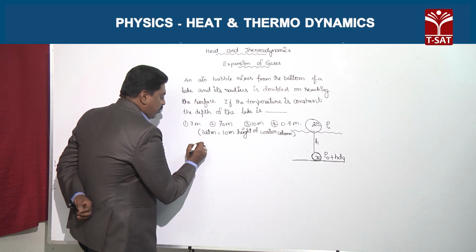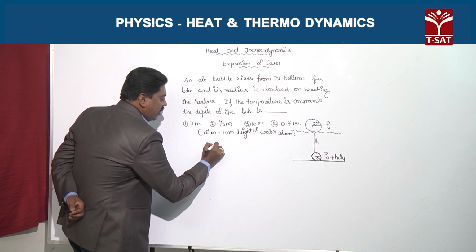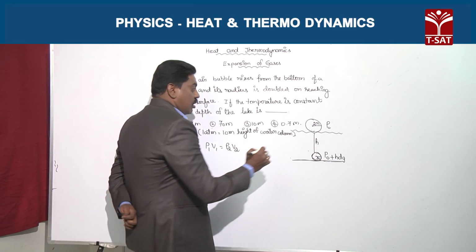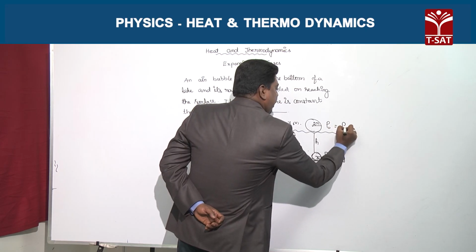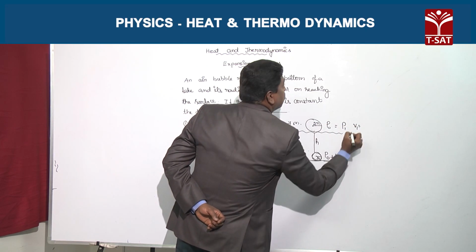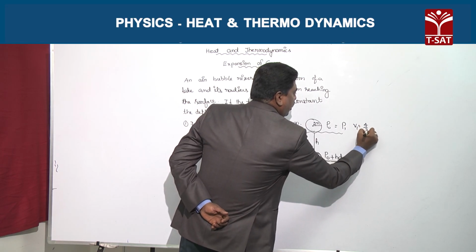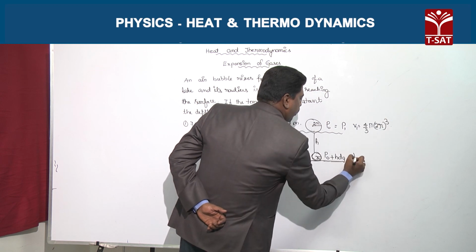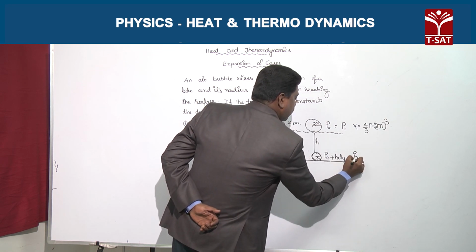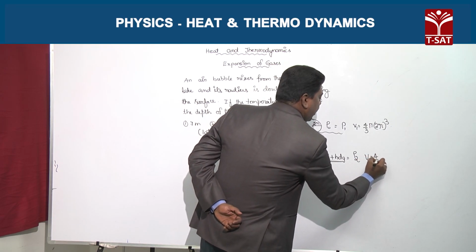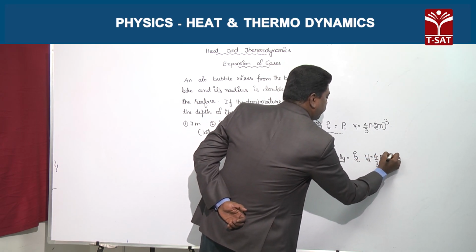According to Boyle's law, P1 V1 is equal to P2 V2. P1 is taken as P0 and V1 as 4 by 3 pi into 2r whole cube, whereas P2 is P0 plus h rho g and V2 is 4 by 3 pi into r cube.